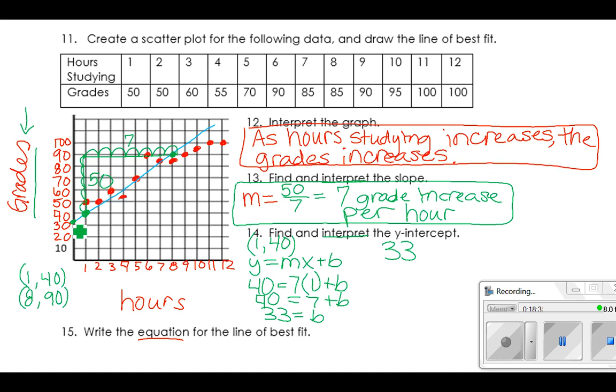So that means at 0 hours of studying, I would probably get a 33 as my grade. So 33 grade with 0 hours studying. Something to that extent is fine.